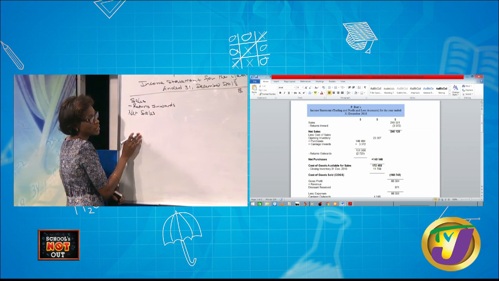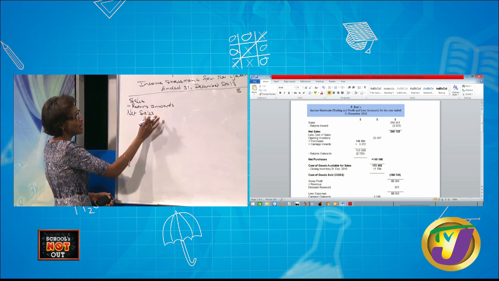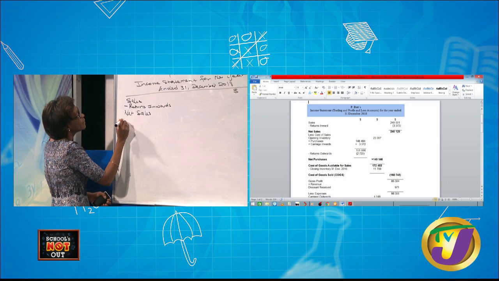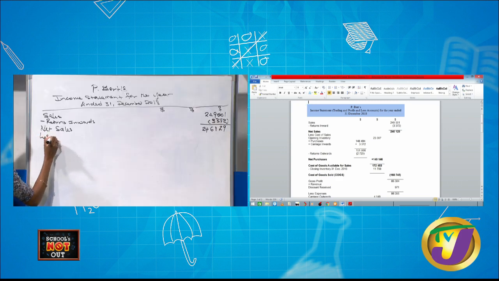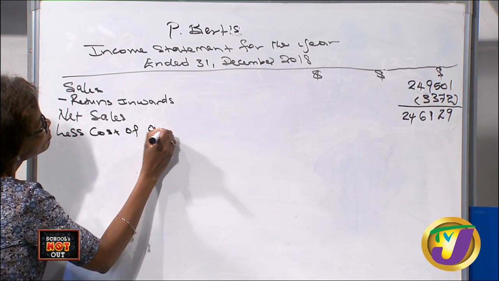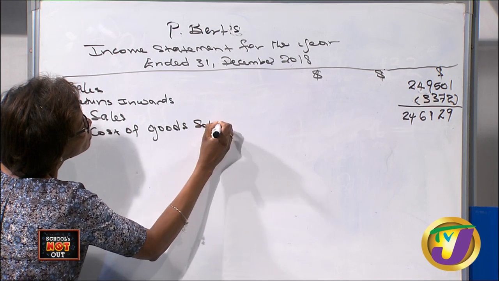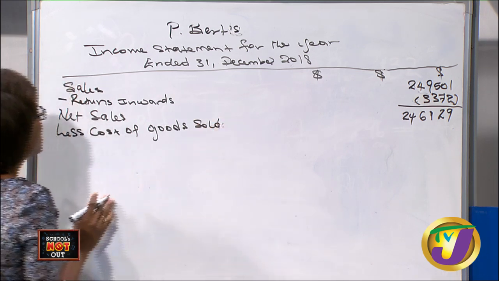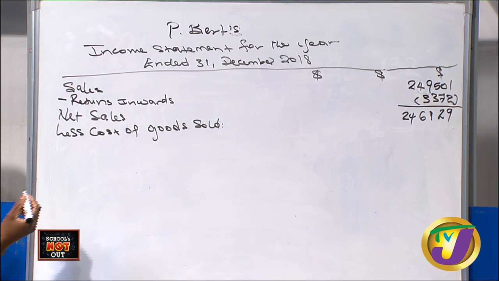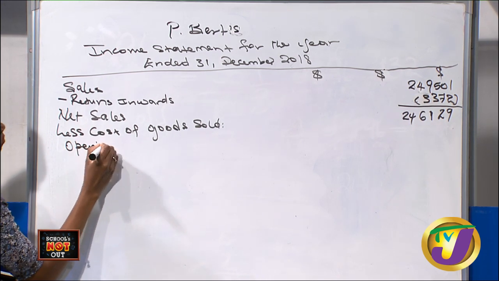So we're going to be making adjustments to our purchases figure. We're going to be looking at our purchases and our inventory. So after we have our net sales, we're going to have a heading, less cost of goods sold. Right? And then we're going to begin with our opening inventory.